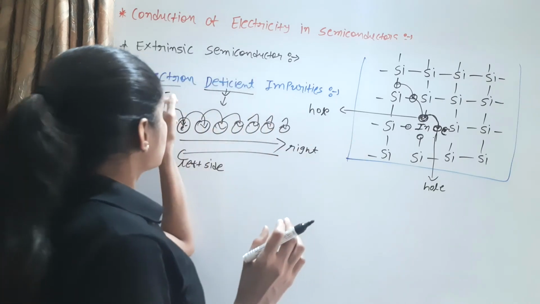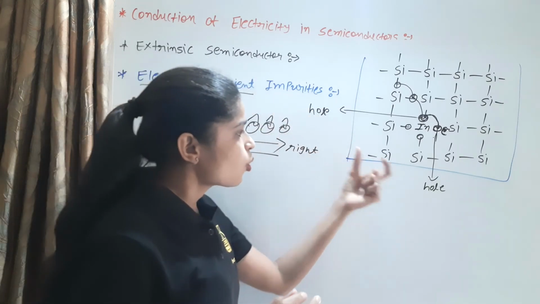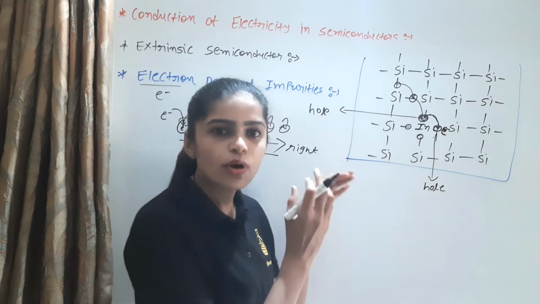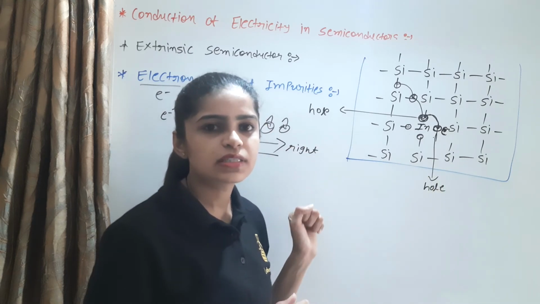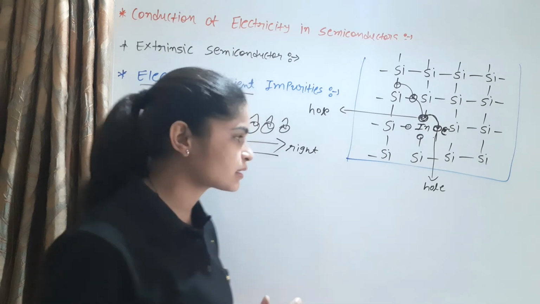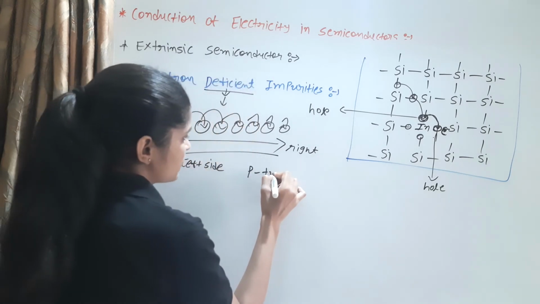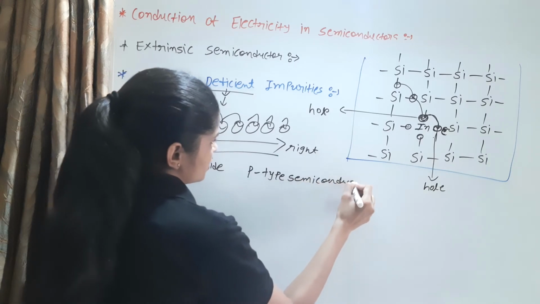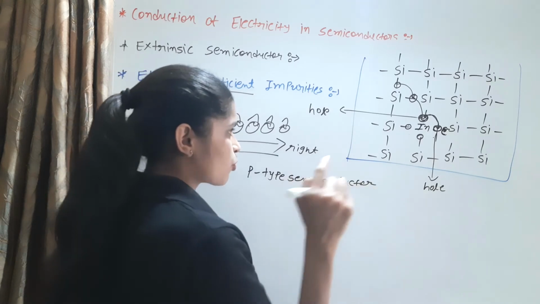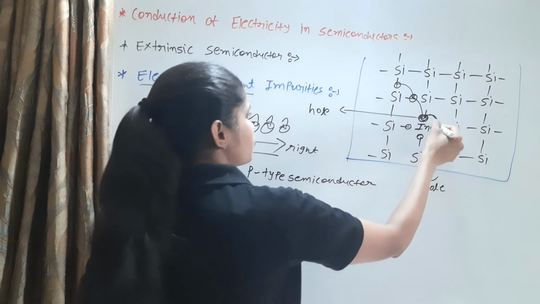But in this electron deficient impurity, a hole is given, meaning a hole is present. So the hole has a positive charge. So this type of semiconductor is known as the p-type semiconductor. Because the conductivity is produced by the presence of the hole.